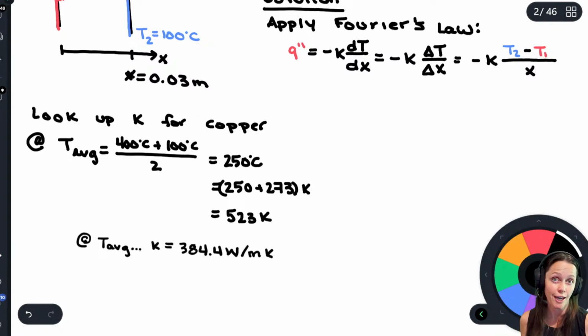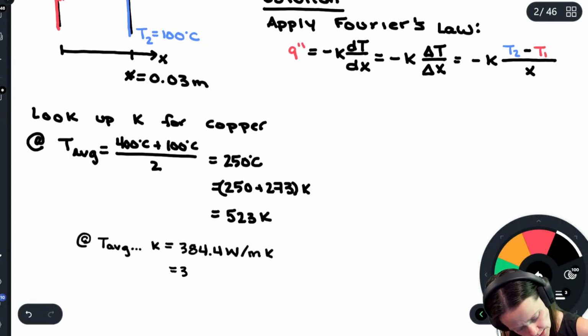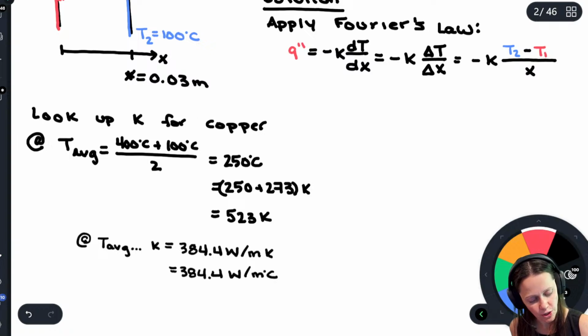Again, you can put that in watts per meter Kelvin, or you could put it in watts per meter degree Celsius. It doesn't really matter. So this is also the same thing as 384.4 watts per meter degrees Celsius. And so it really is just plug and chug.